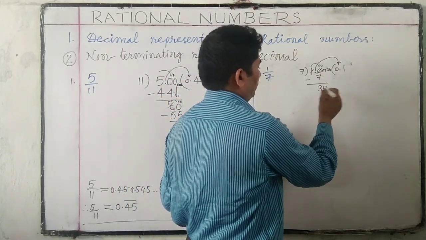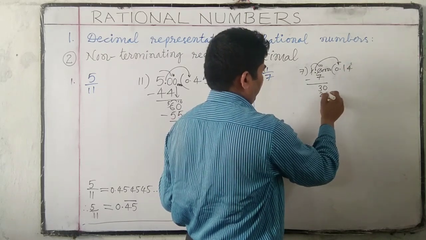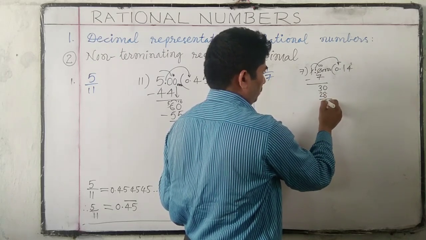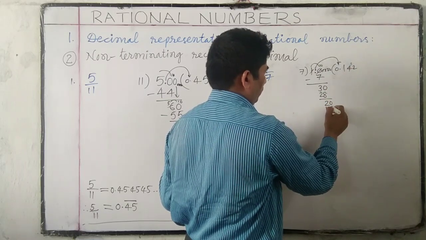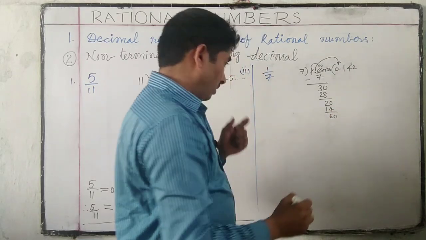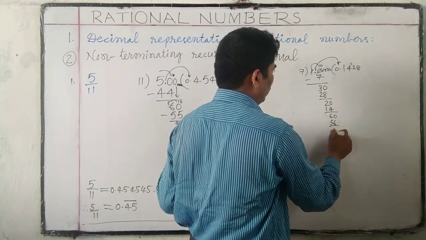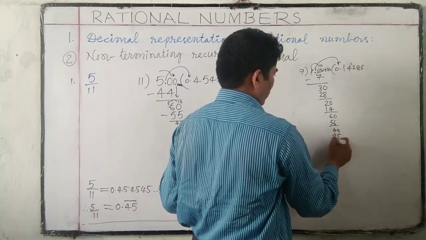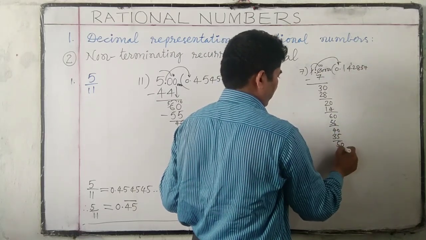So 30: 7 fours are 28, remainder 2, 20. 7 twos are 14, remainder 6, 60. 7 eights are 56, remainder 4, 40. 7 fives are 35, remainder 5, 50. 7 sevens are 49, remainder 1.